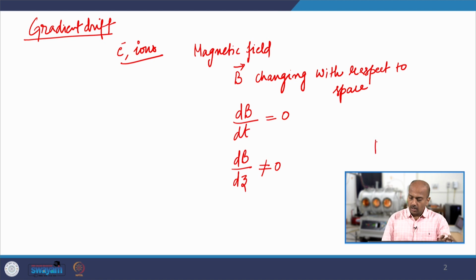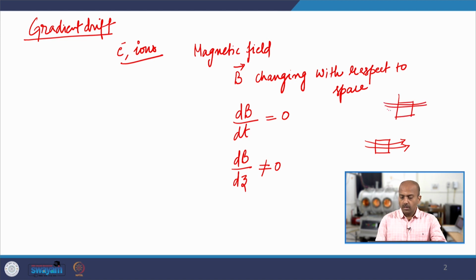Or if you draw a unit surface area, the number of flux lines that you can expect to be crossing this unit area will be different at different places. So, the magnetic field is having a gradient. You see this in the example that I have drawn.